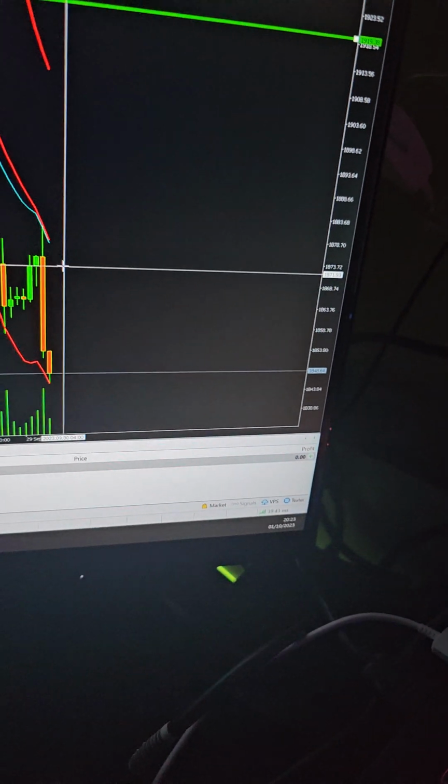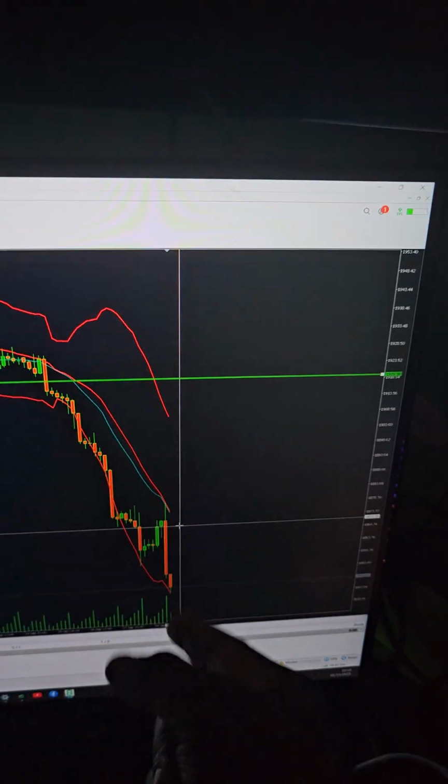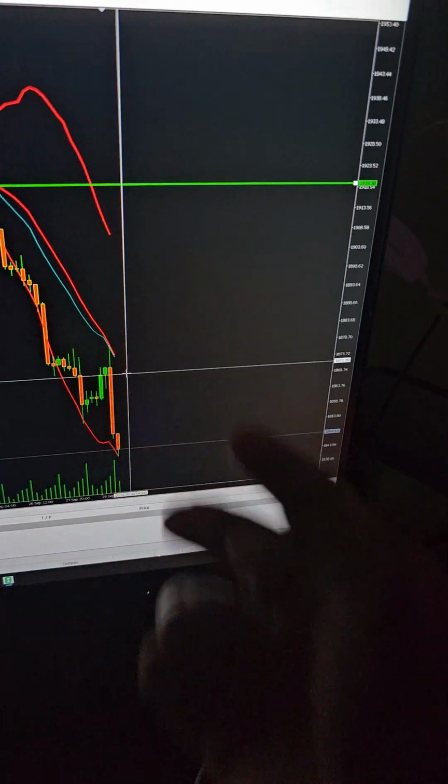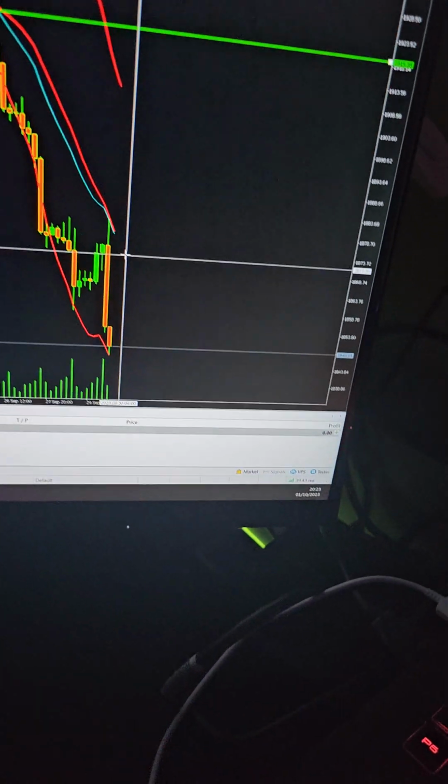We could see retracement up to 1870, and from there I would be looking for a sell entry to sell that thing down. That is one thing you can be expecting in the market, a pullback to 1870, and then we could get in a sell.